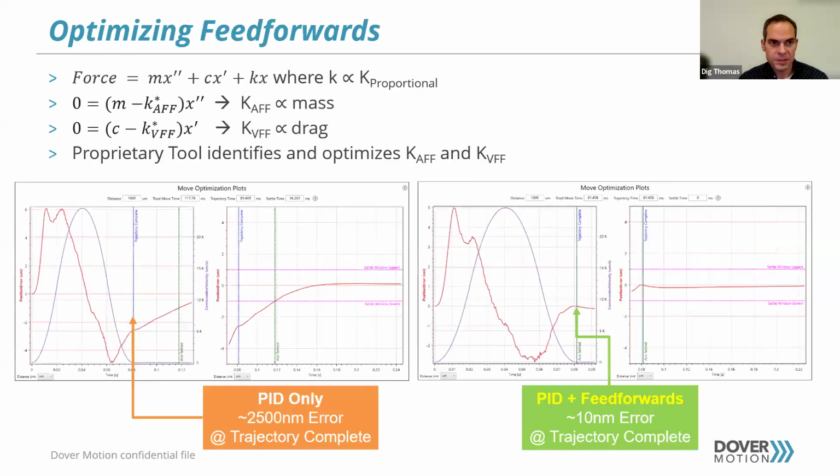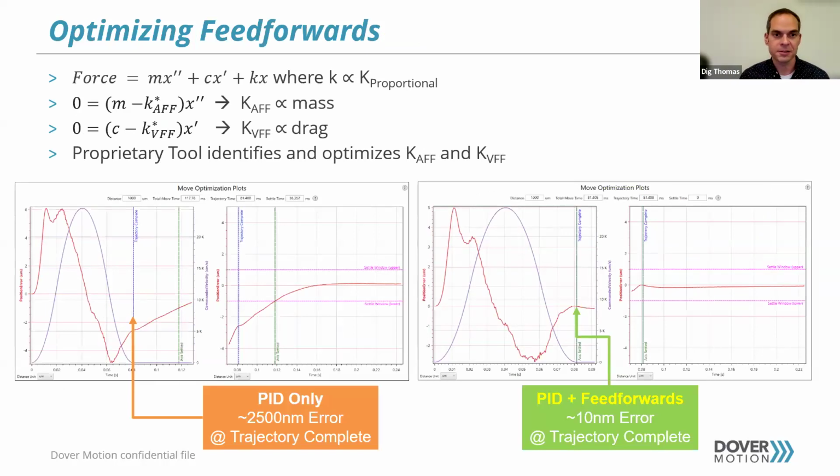Right. So continuing on the feed forwards, to me, these are like freebies that not everyone takes advantage of. You have acceleration feed forward and velocity feed forward available to you. And as Prab mentioned, the acceleration feed forward is really like a mass proxy, and the velocity feed forward is proportional to drag.